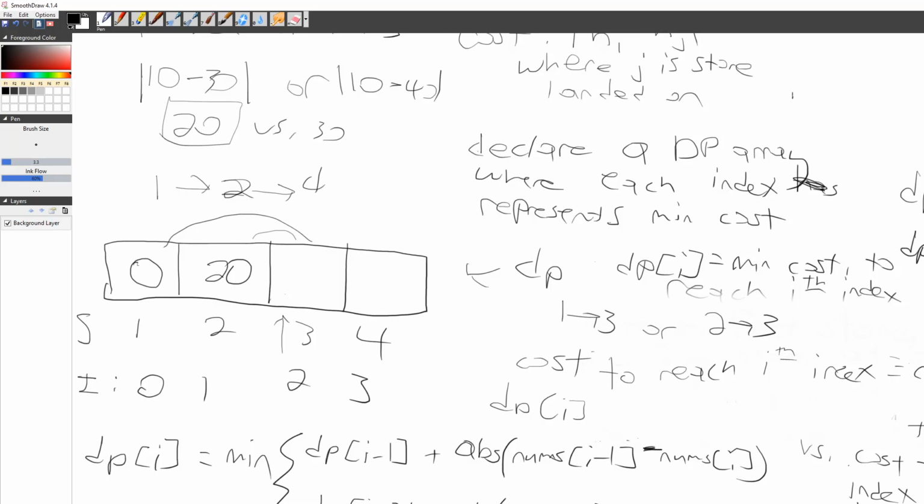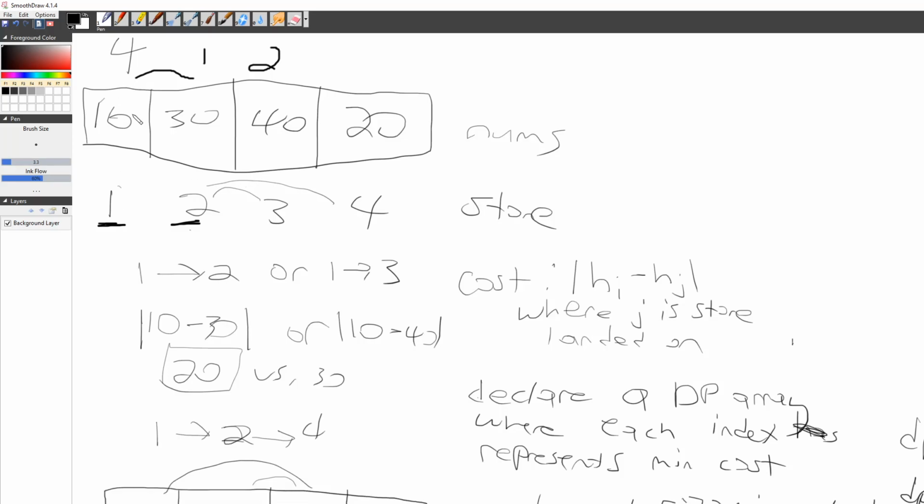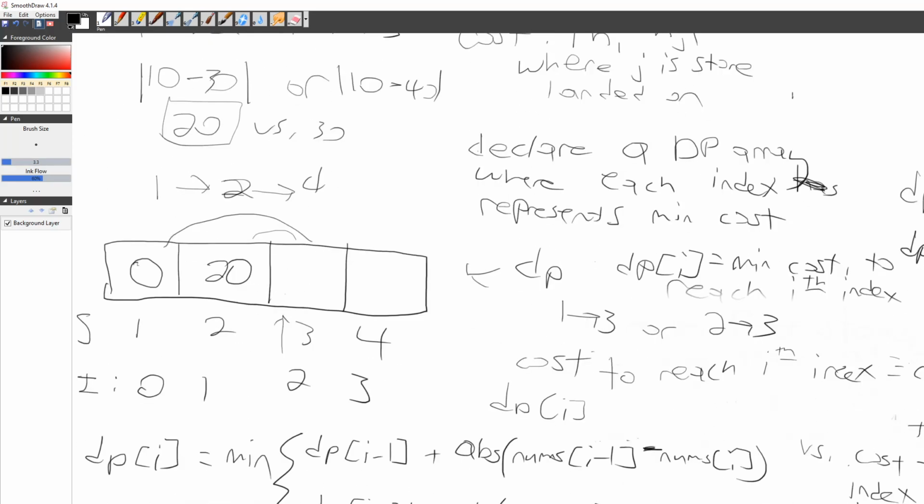And this would be dp of 0, which is 0 plus absolute value of 10 minus 40, and that equals 30. So really in both cases here, this is 30. The minimum cost to reach index 3 is 30.